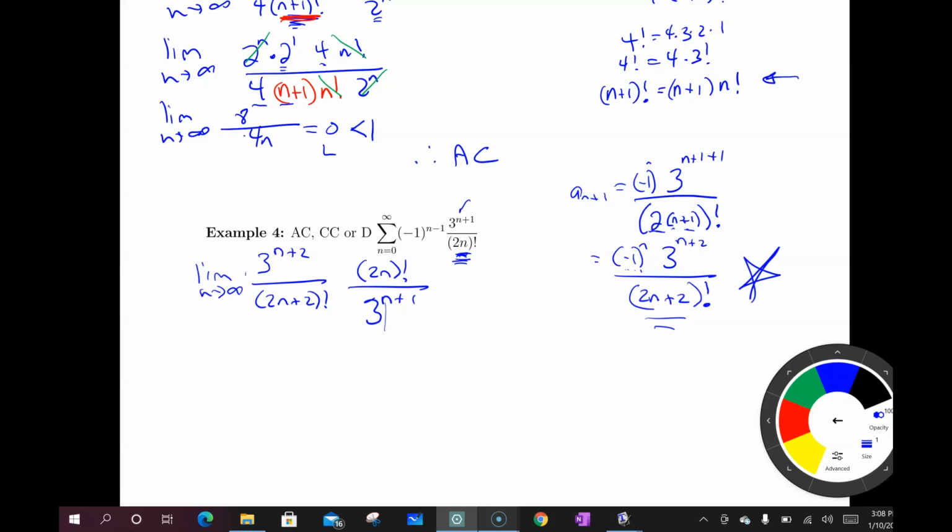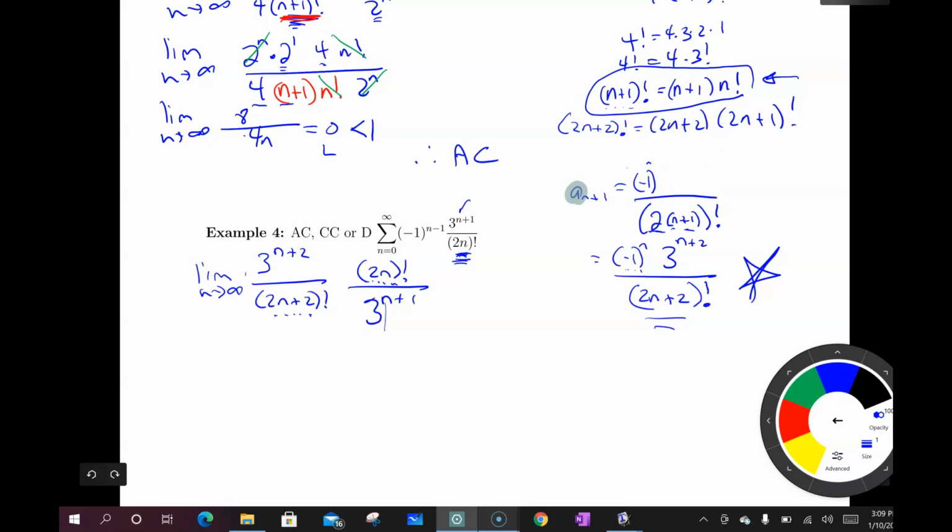So I need to break this apart to be able to cancel. Let's keep going with this idea, because you've got this idea memorized. How does (2n plus 2) factorial break apart? That would be 2n plus 2 times (2n plus 1) factorial.